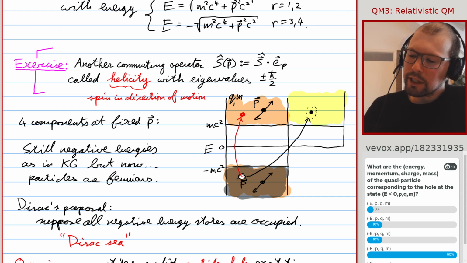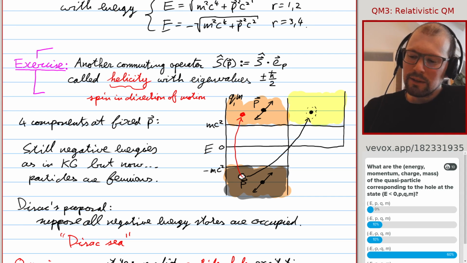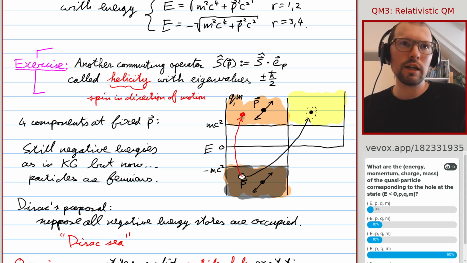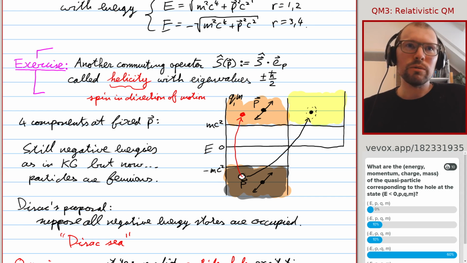So see what I'm saying here. If I have a Dirac Sea, all these states are occupied, I can take a particle away from there and, by putting some energy in the system, create an electron, say if we're talking about electrons. But then we're also creating a hole. And we should interpret the hole as an anti-electron.